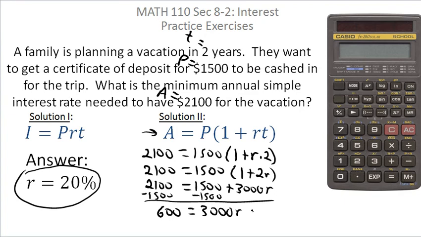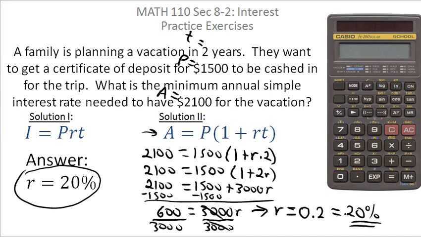And so to solve for R, I simply need to divide both sides by 3,000. And that gives me R is 600 divided by 3,000. I just did that a minute ago. I won't waste your time by doing it again. But I do get the same thing, 0.2, which is 20%.